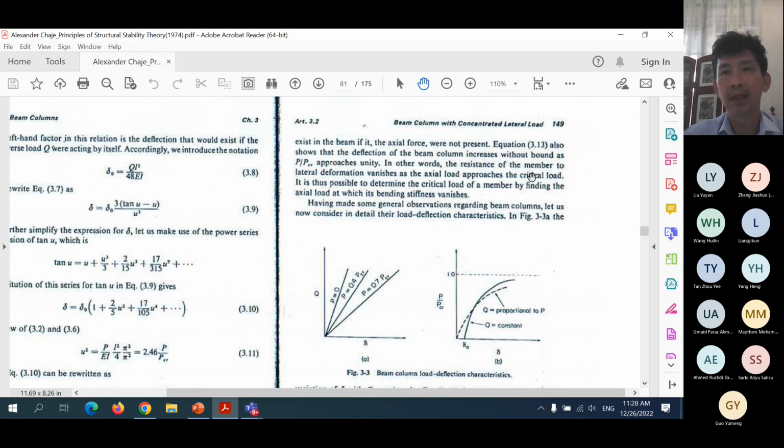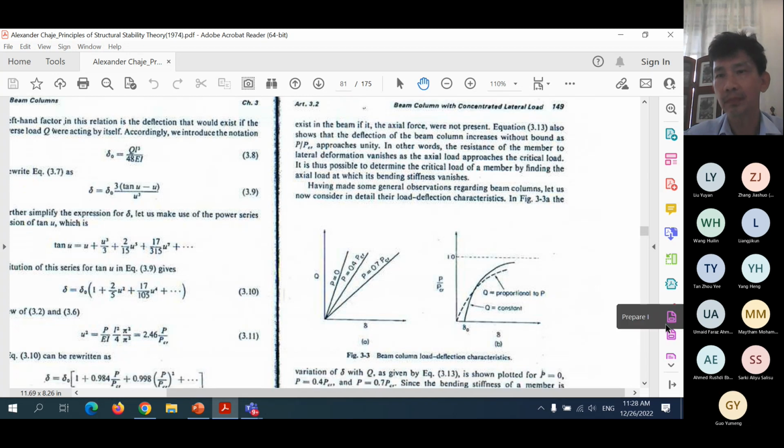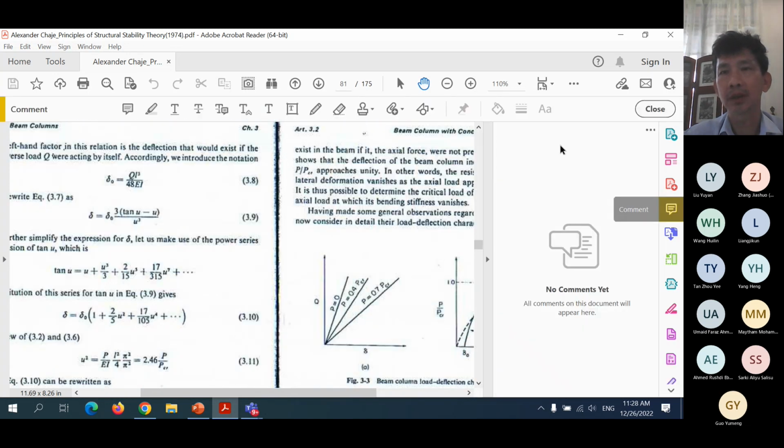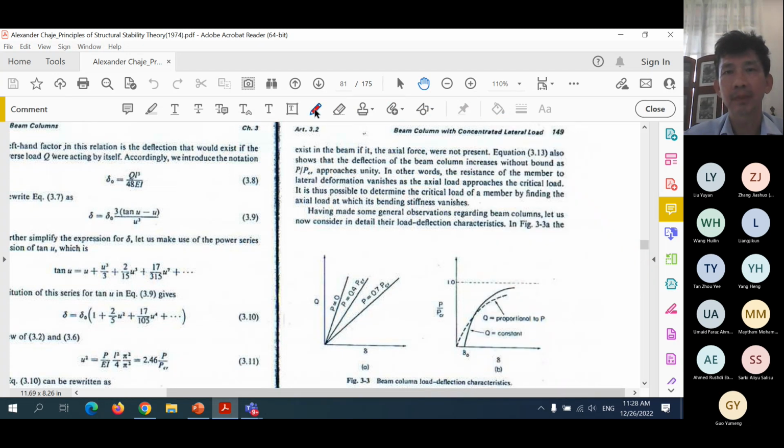Okay. So that is the point here. Equation 3.13 also shows that the deflection of the beam column increases without bound.